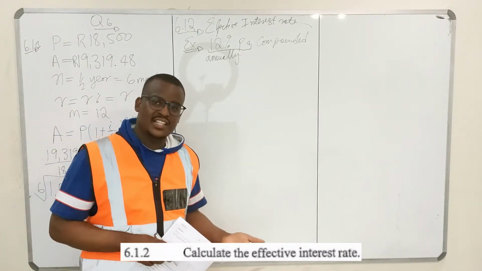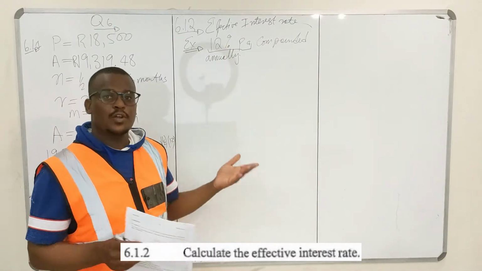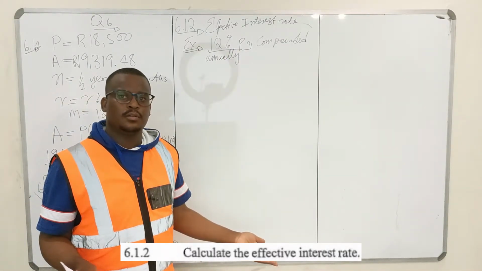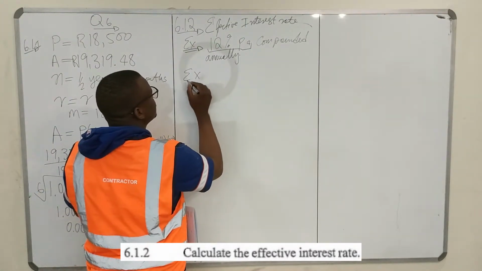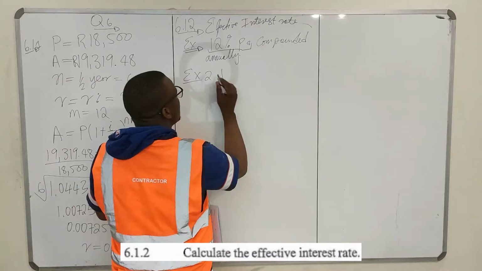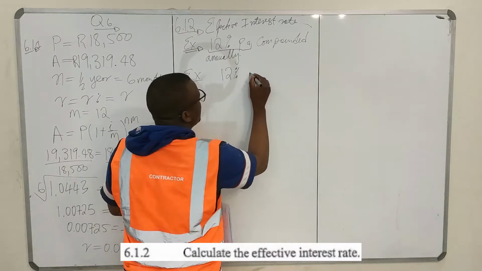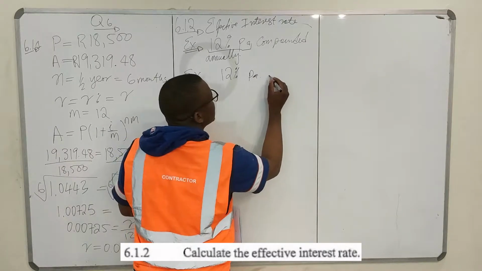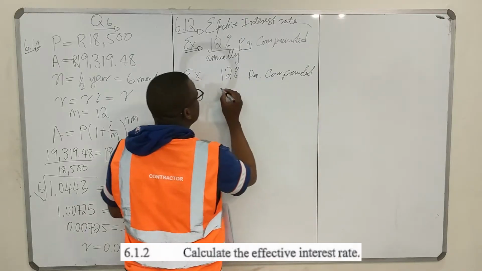An effective interest rate is the type of interest rate where the quoted interest rate and the compounding periods are the same. So look at the second example here. Let's say now 12% per annum, compounded quarterly.